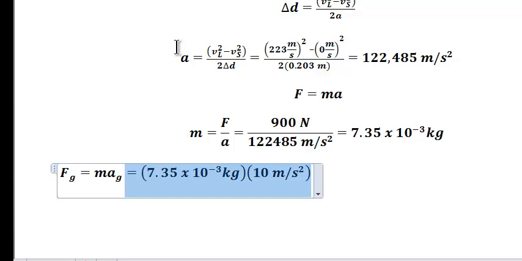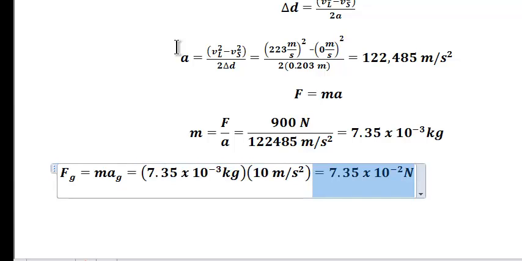It's already pre-isolated for us, so we just plug our numbers in. The mass we found in the previous step times the acceleration due to gravity, we're going to approximate it at 10 meters per second squared. And when we work it out, that's 7.35 times 10 to the minus 2 newtons. Not a whole lot of force there, but we'll see later when we talk about energy that there's a goodly amount of energy in this bullet because it's traveling so fast.